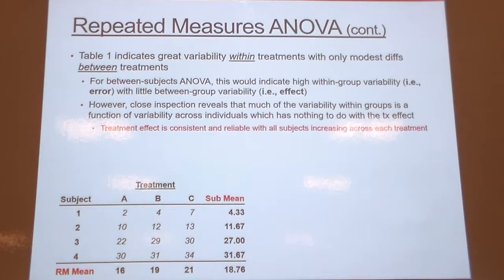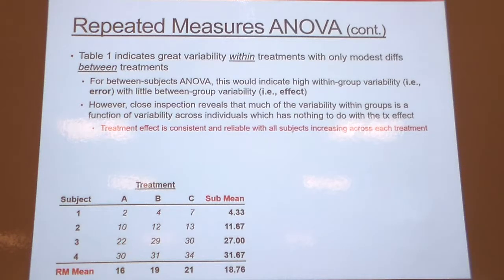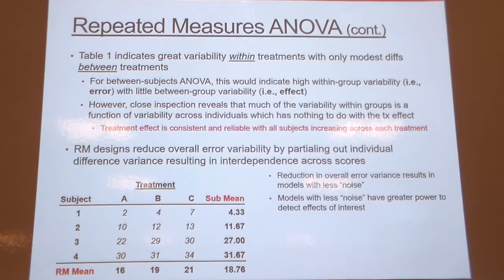And so if we're running a between subjects, things look pretty gross, right? But if we conceptualize these scores as within subjects, now all of a sudden we're seeing that on average, people are systematically getting better across these individual time points, all in the same way.